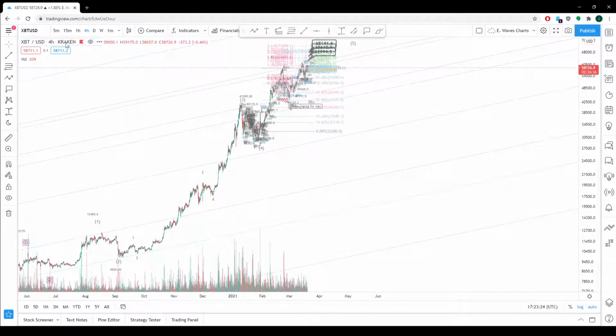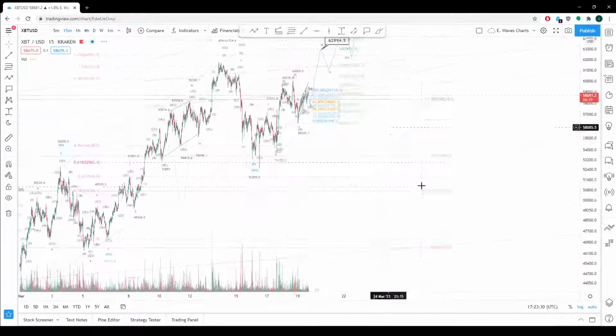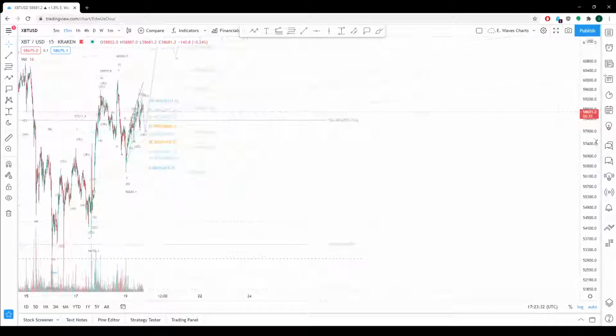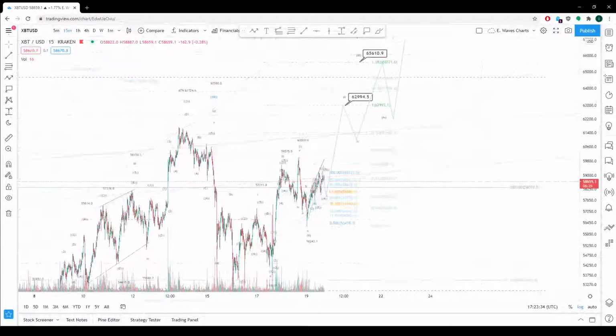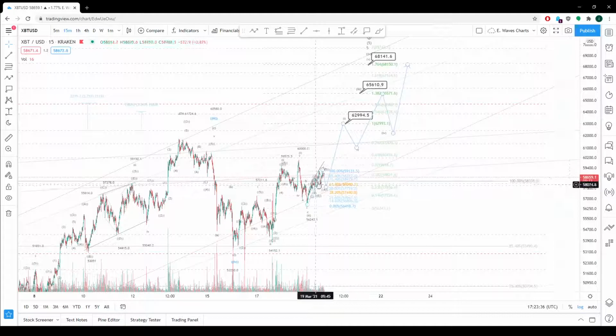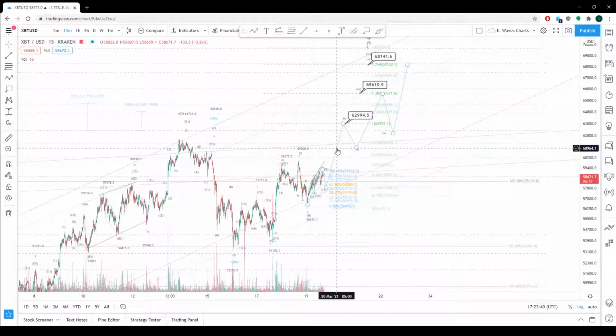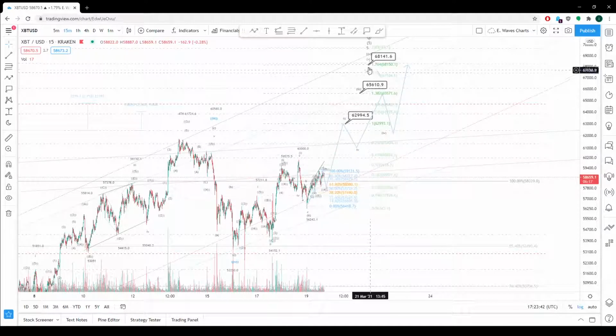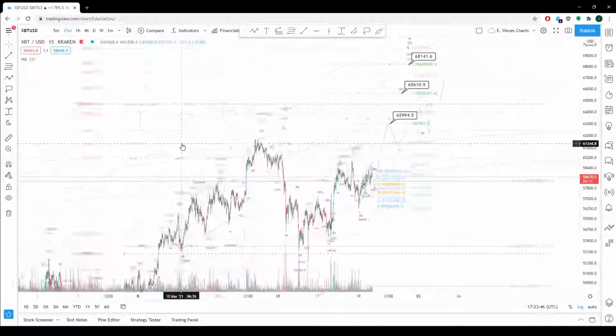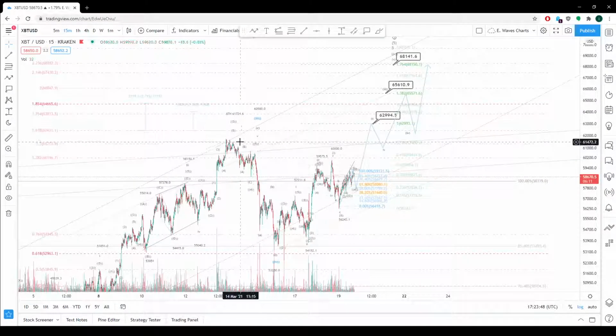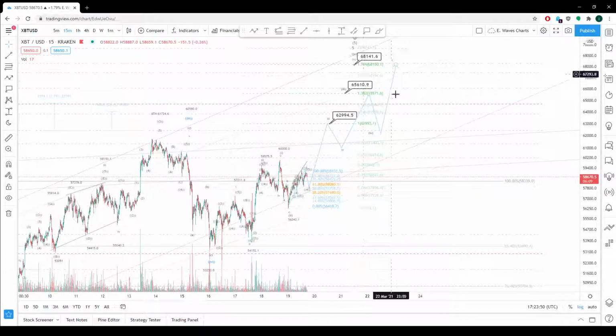But we're not going to worry about that yet. It's going to be, like I said, a considerable drop, but we have ways to go. But yeah, those are the targets that I have based on the Fibonacci extension. So 64, as before, is in the past. We're looking at 68 now, and that's all I have for today.